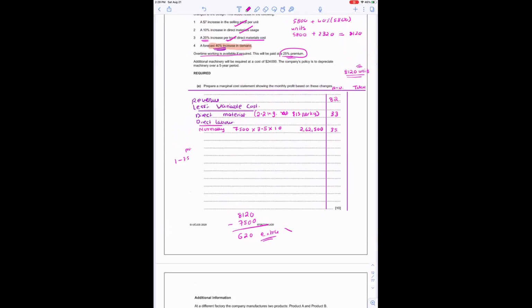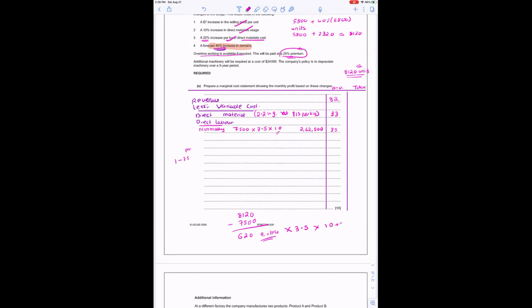That means I'm going to pay them 10 plus I'm going to pay them 25% extra. So 25% of 10 is 2.5. So I'm going to pay them 12.5.